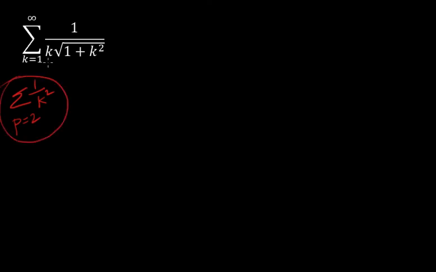So I want to try, at least, to compare this series to sigma 1 over k squared. And I'm hoping that mine will be underneath it so that I can say that the series converges. So let's see.